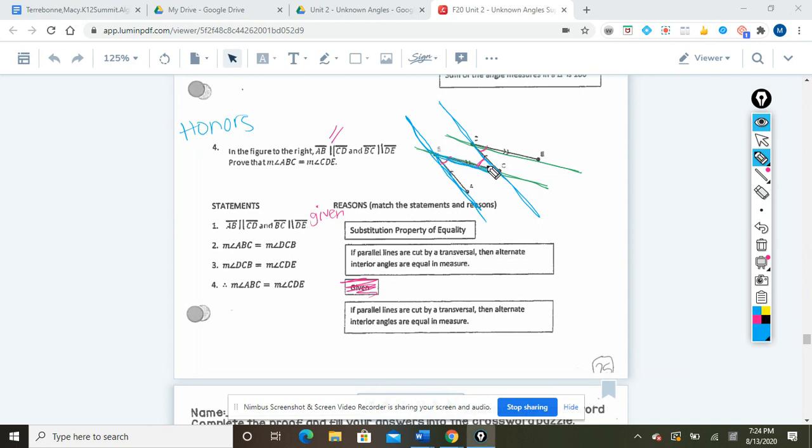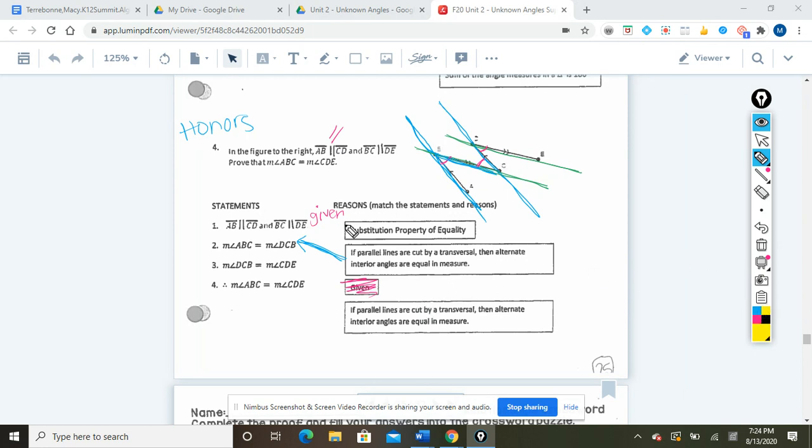These are alternate interior, inside the lines, opposite side the transversal. So that goes there. If parallel lines are cut by a transversal, then alternate interior angles are equal in measure. That's what I was telling you, that would be the alternate interior angle theorem.